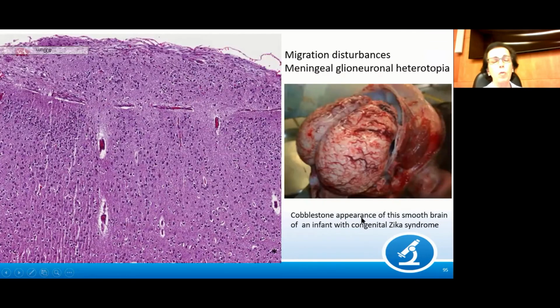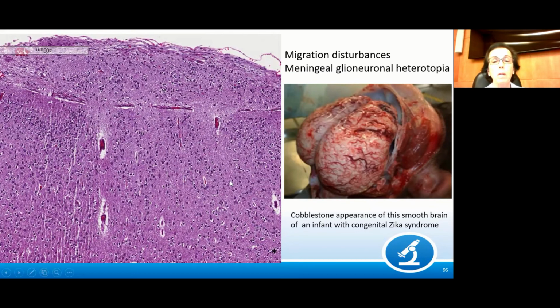Another observation, well, I saw lots of observations, just to show you this last one, that there are also migration disturbances. The virus affects the progenitor cells at the germinal matrix. Those which are left, they migrate, but everything has been damaged.